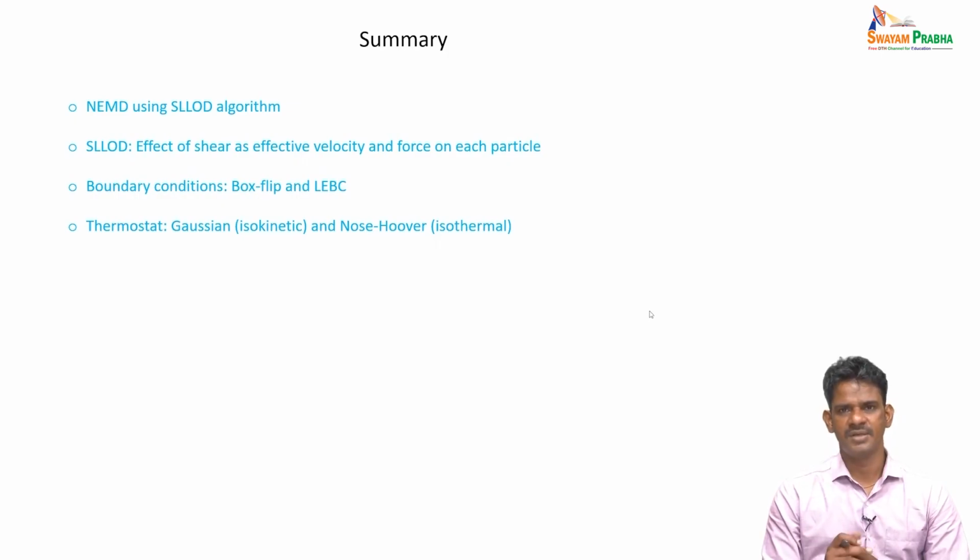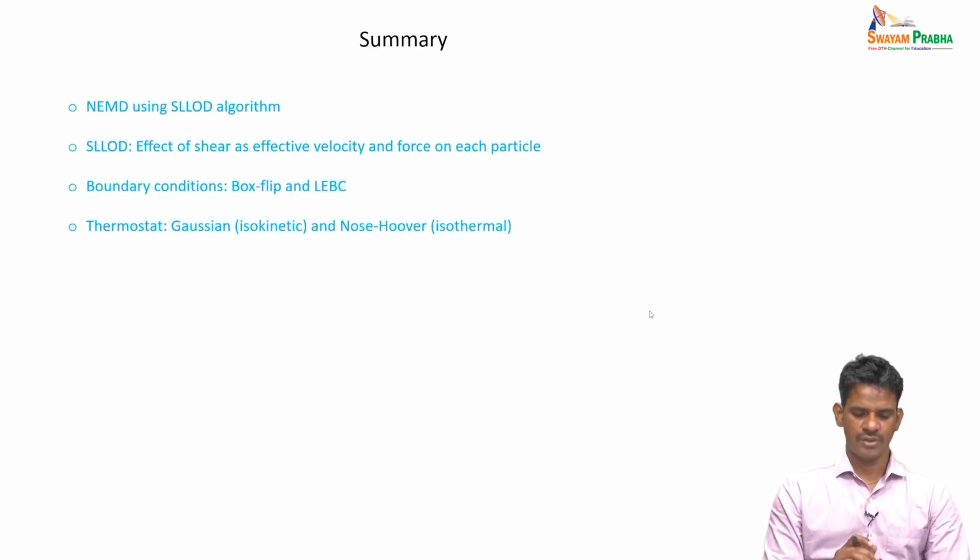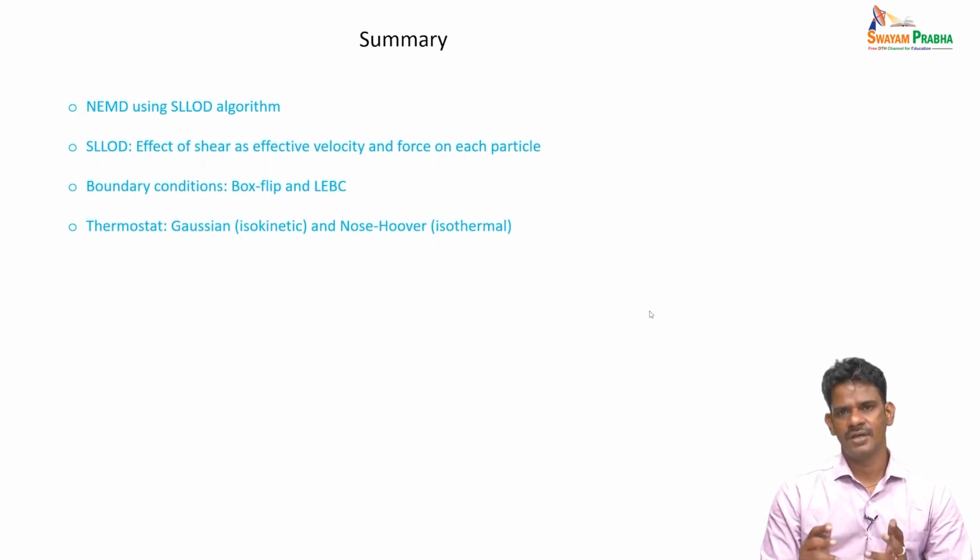This can be done either by Lees-Edwards boundary conditions or through the box flipping method. In addition to that, we also have to take care of the thermostatting of the system, and it can be done either via the Nosé-Hoover method or by simply scaling the velocities via a Gaussian thermostat.